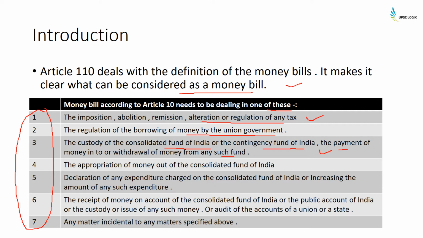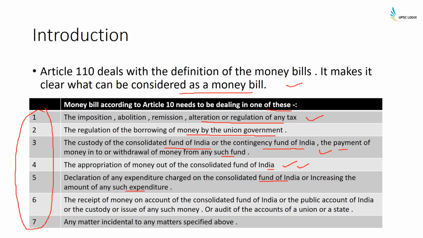Number 4 is the appropriation of money out of the Consolidated Fund of India, that is, taking out money from the Consolidated Fund of India for various expenditures. That is also considered a money bill. Number 5: declaration of any expenditure charged on the Consolidated Fund of India or increasing the amount of any such expenditure.